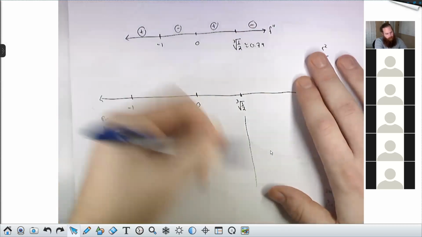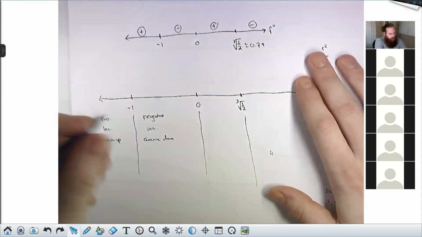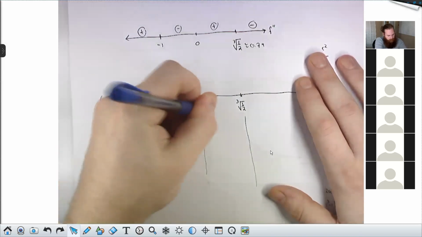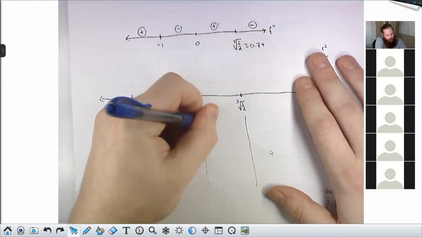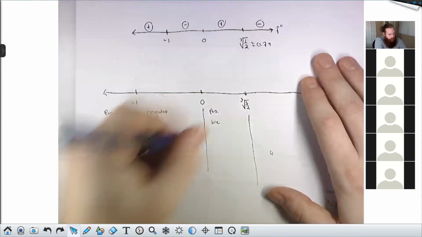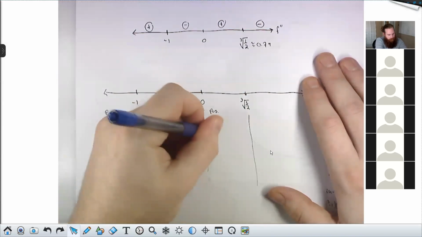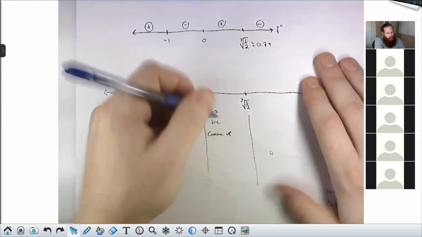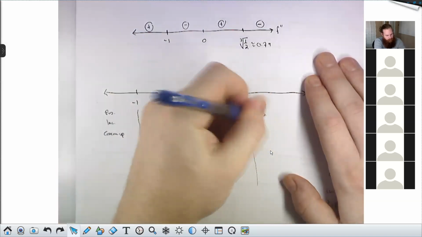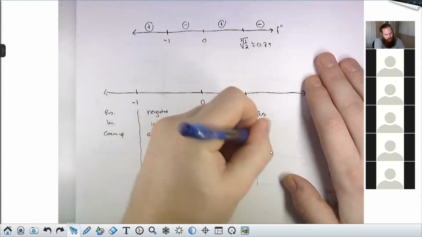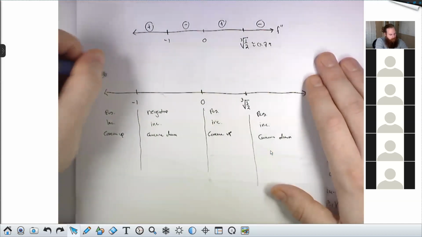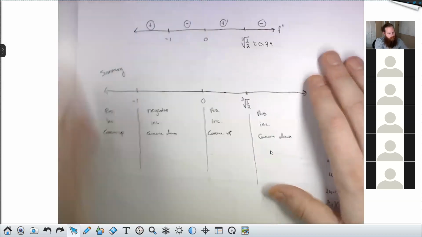Between 0 and 0.79, f itself is positive. f prime is positive everywhere, we're always increasing. And f double prime switched to being positive, so we're concave up. And then to the right of this guy, f was positive, increasing, and now we're concave down. So here's my correct summary.